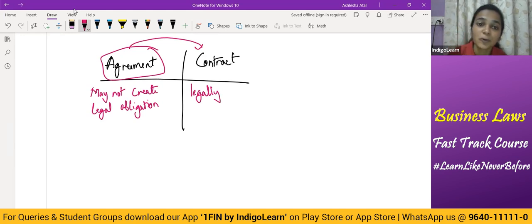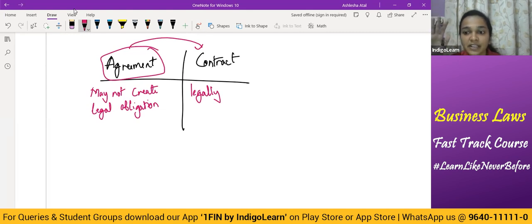Apart from it, which is a wider term? Is agreement a wider term, or is contract a wider term? Contract. Sorry, contract? Are you sure? Agreement, ma'am. Why agreement? Agreement includes things that are not legally enforceable, and social agreements as well.